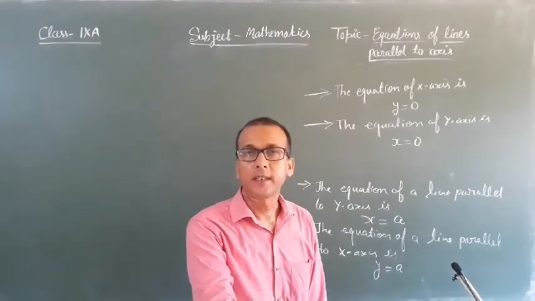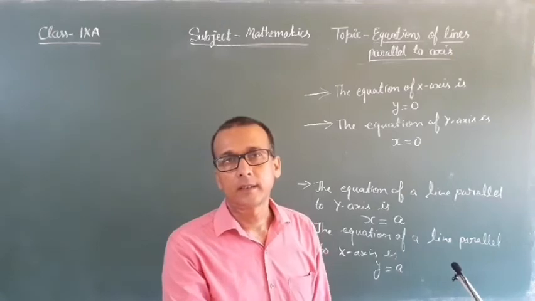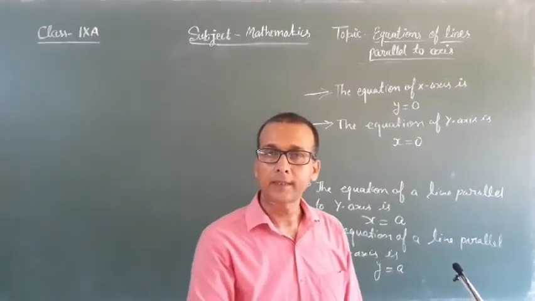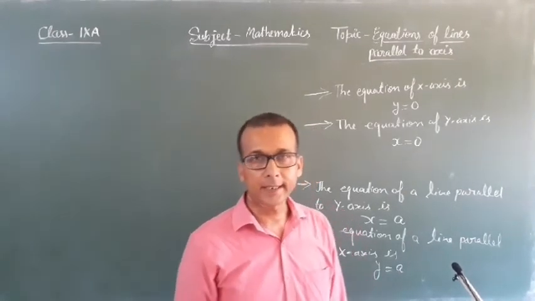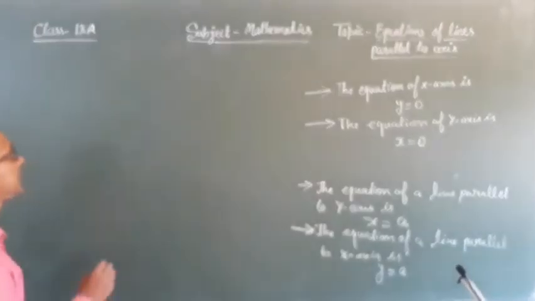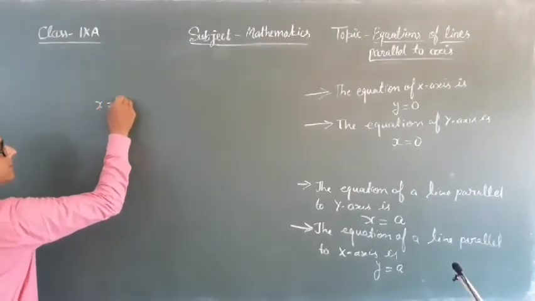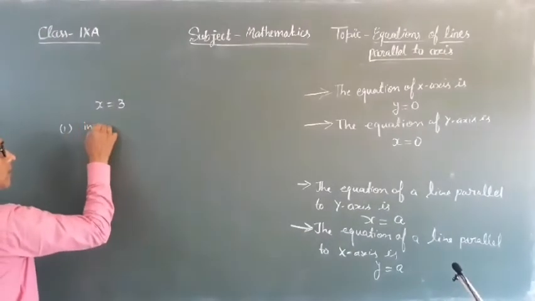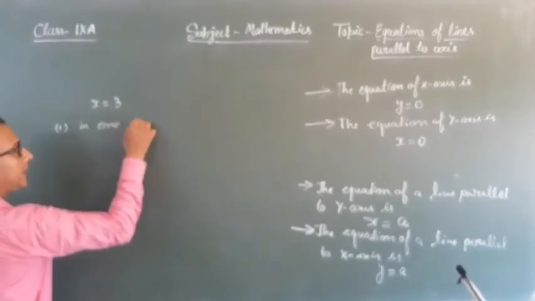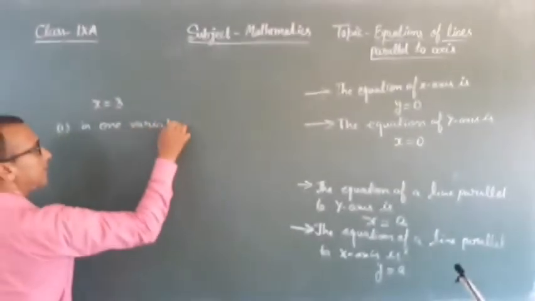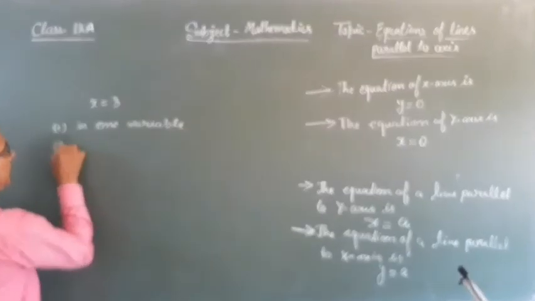Dear students, let us discuss the last topic of this chapter, that is geometrical representation of x is equal to 3 in one variable and in two variables.